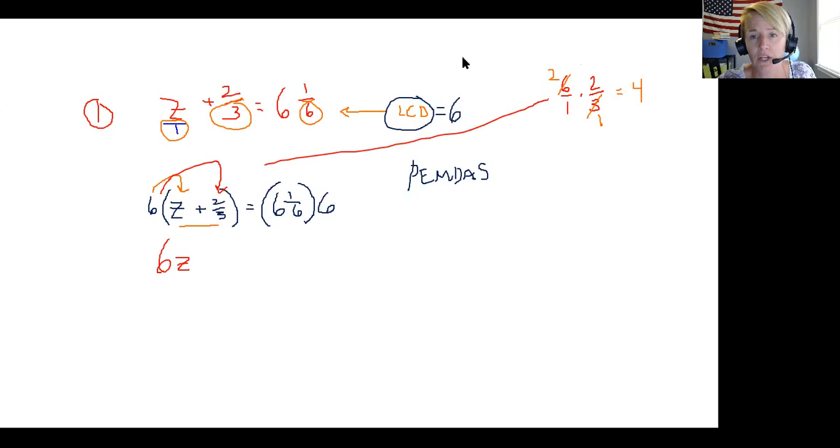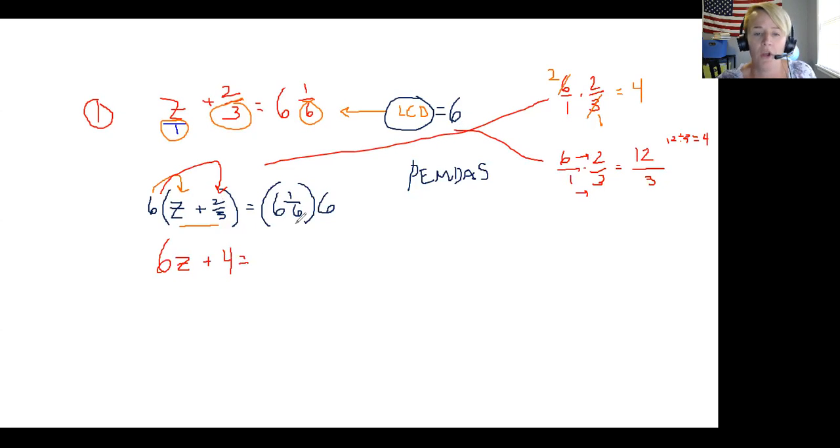I could also say 6 over 1 times 2 over 3, and just multiply straight across, which gives 12 over 3, and 12 divided by 3 equals 4. It doesn't really matter which way you do this process, as long as you understand that this positive 6 multiplied by this positive 2/3 is going to give me a positive 4, then you're in good business.